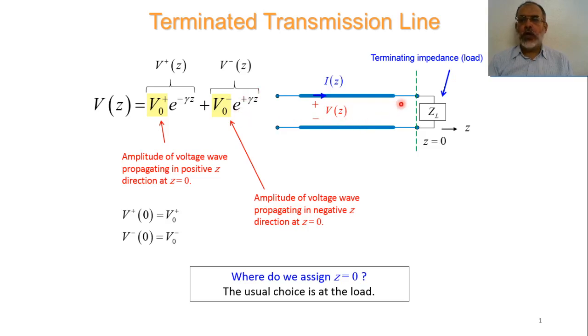So the total voltage at the load would equal the forward propagating voltage plus the backward propagating voltage, V naught plus plus V naught minus. So the forward voltage V plus at 0 would be V naught plus, and the backward propagating voltage V minus would be V naught minus.